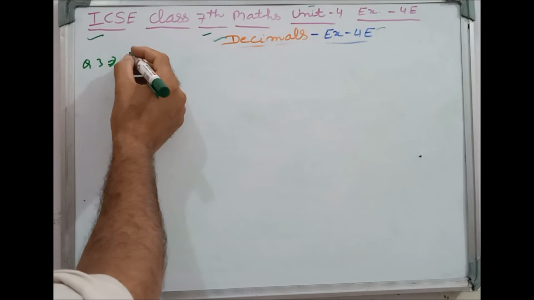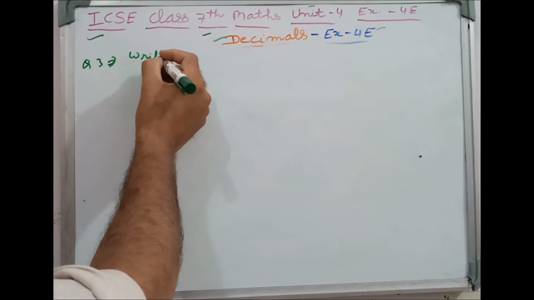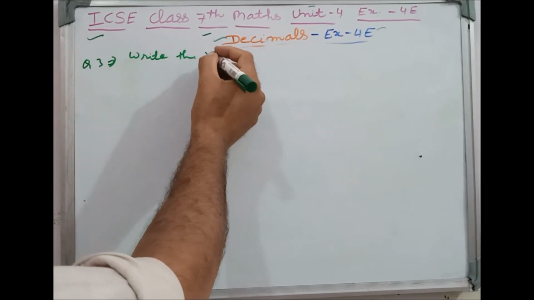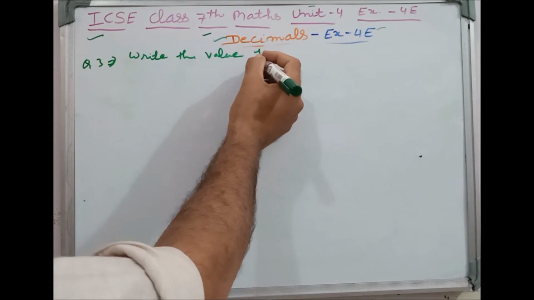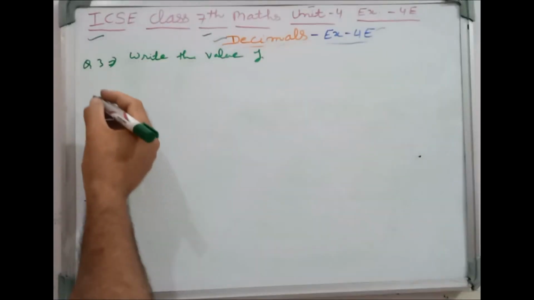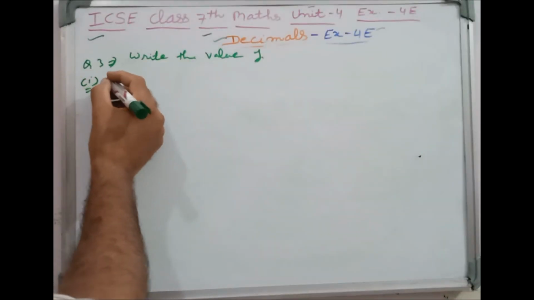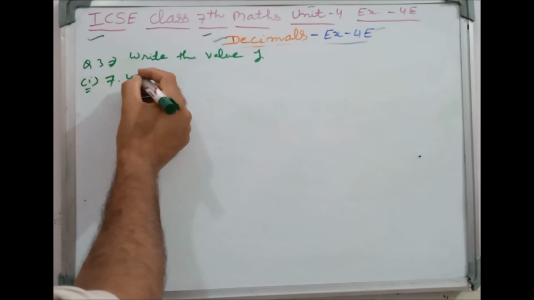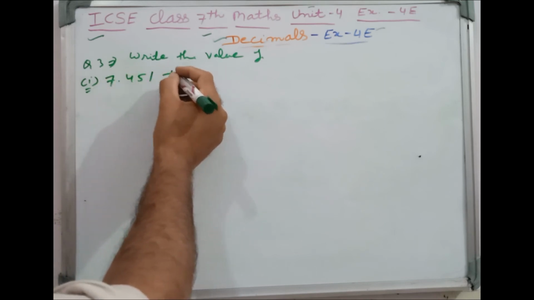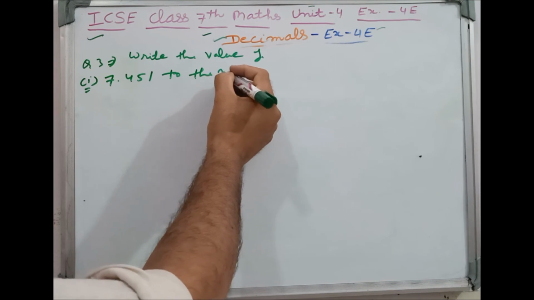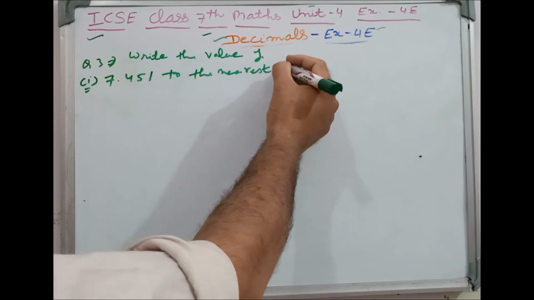Now question 3. What is question 3? Write the value of the number. First is 7.451 to the nearest hundredth.